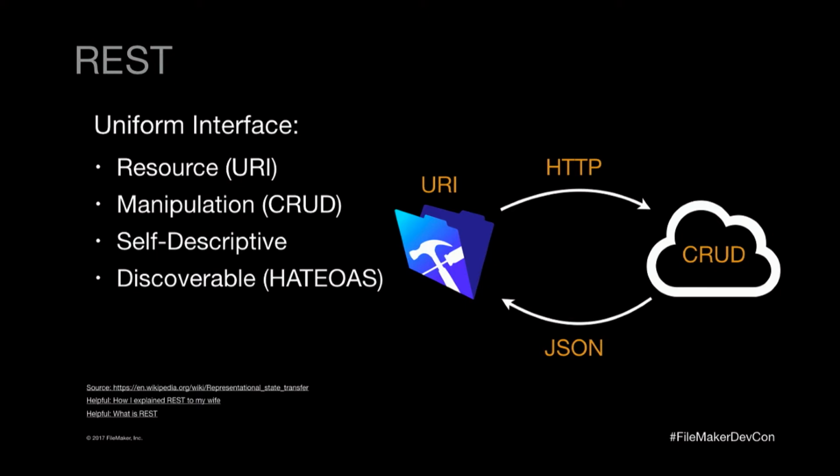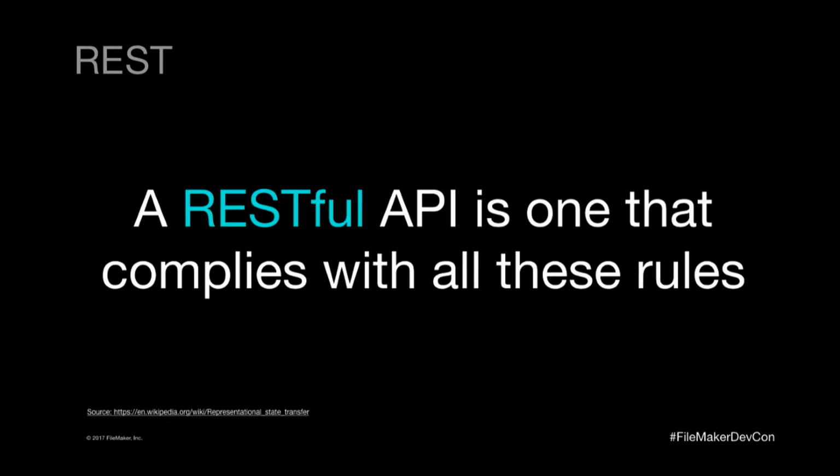I don't remember exactly what the acronym is, it's a long acronym, but basically what it says is that you need to use a hypertext protocol to communicate with your server. So a RESTful API is one that complies with all those rules or constraints.